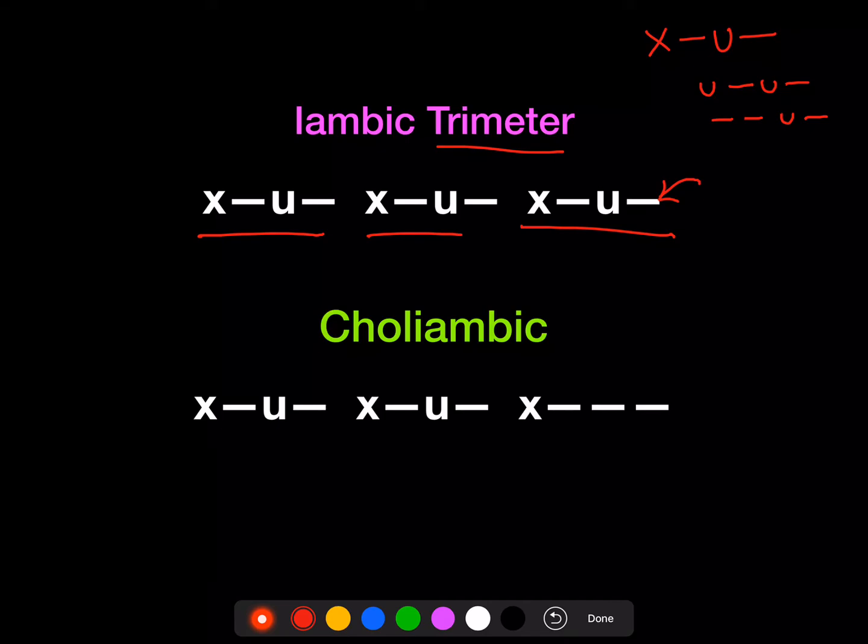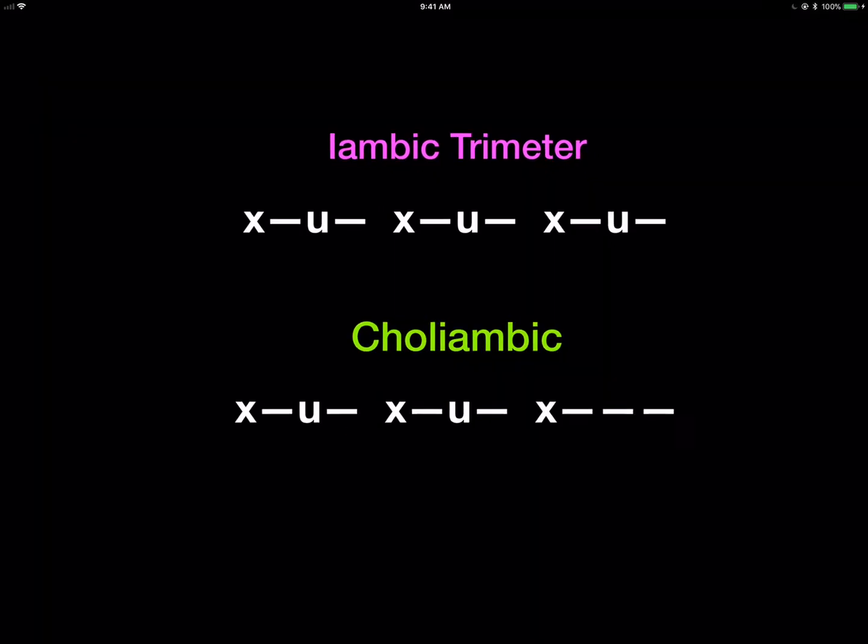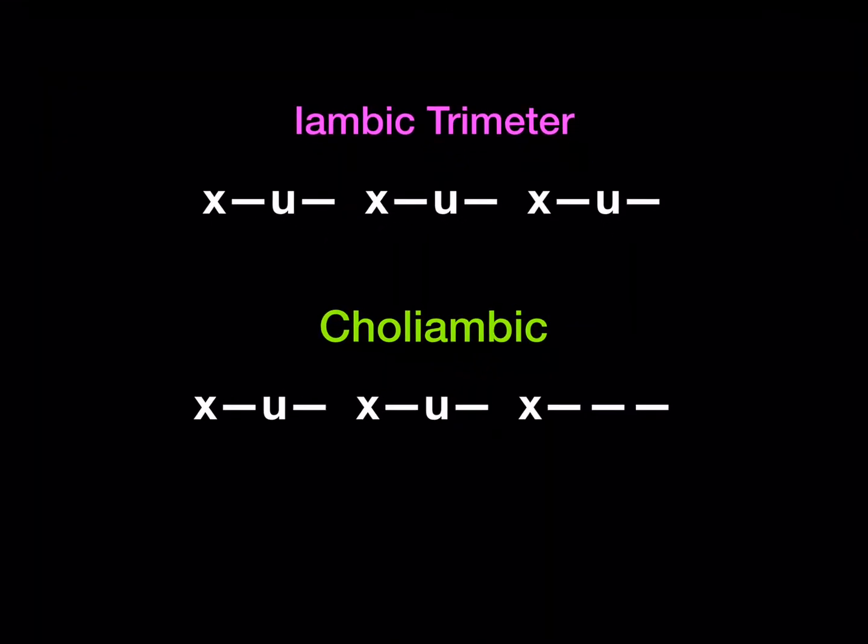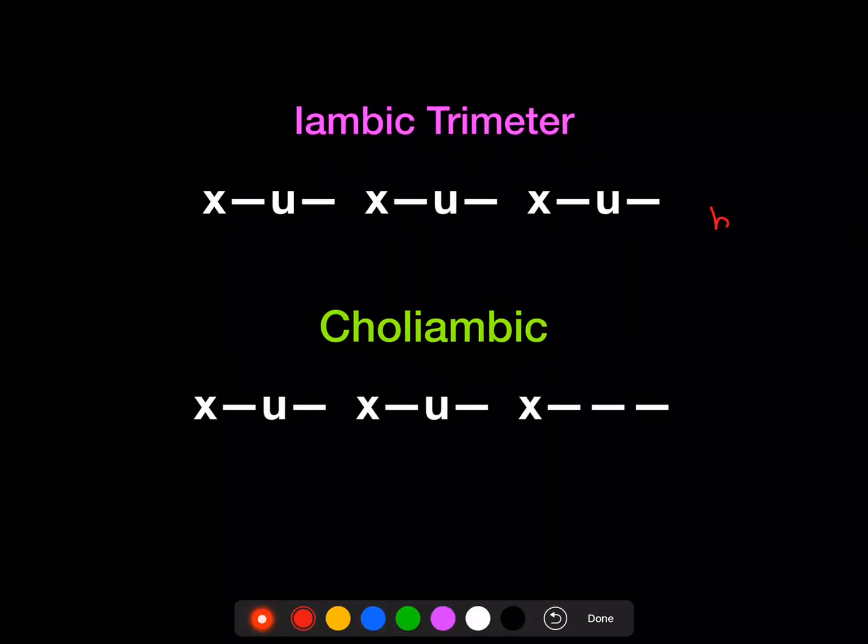So if you have a short syllable there, we're still going to scan it long, and we're going to call that brevis in longo, when you have a short syllable in the place where you'd expect a long one. Okay? It's a slightly different thing than anceps because it always counts as long, whether it's short or long. So that's iambic trimeter, 3 iambic metra.